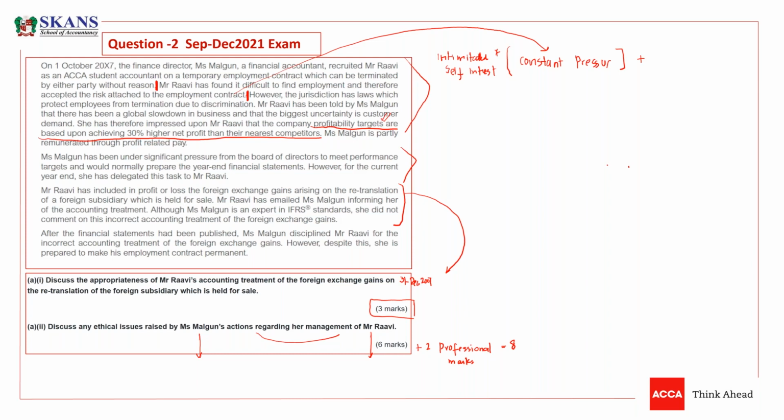Ms. Malgan is partly remunerated through profit-related bonuses. So guys, just let me know, is there any threat? Yes. Their performance is being monitored by profits, and profits are declining. If the profits are declining, it means they are motivated to increase profits.